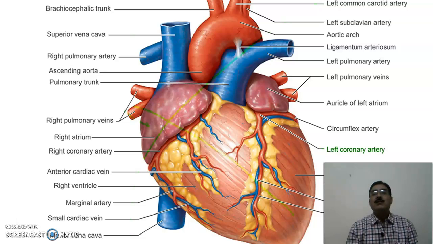You can see the left atrium or left auricle as well as the right atrium or right auricle. Apart from it, there is the coronary artery, which is responsible for providing blood to the heart muscle itself. Easily visible are the left and right pulmonary arteries, and the brachiocephalic trunk.